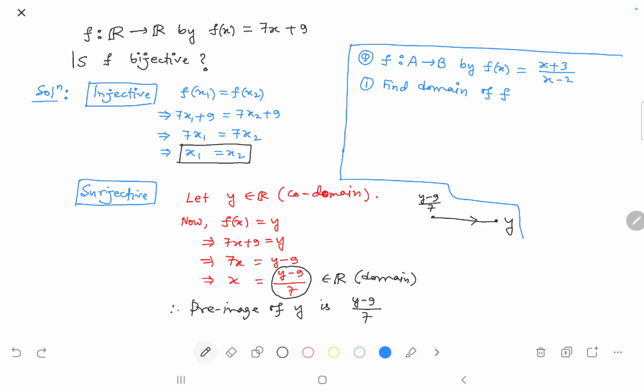First we calculate the domain of this map. Is it greater than 2? No, not greater than 2. Check a little bit carefully. Which number can you not put in place of x?